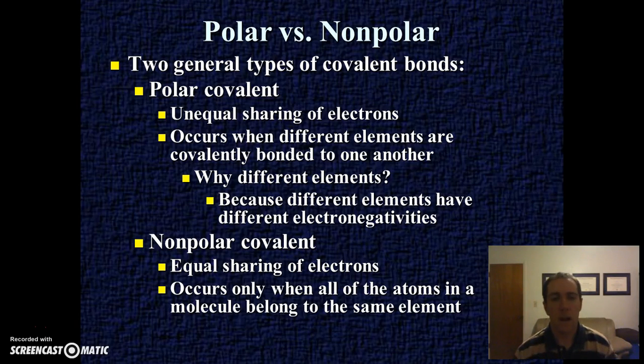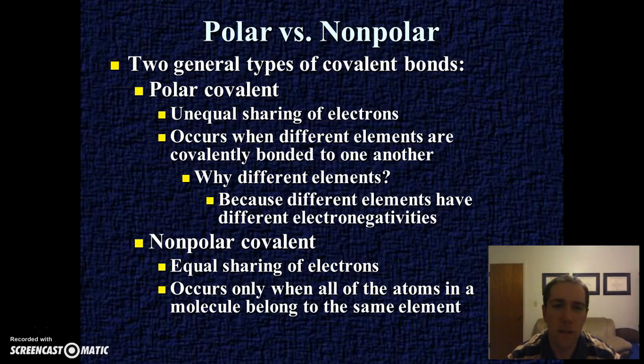Electronegativity is going to be on one of the slides coming up, so don't worry about that at this point. A nonpolar covalent bond is when we have equal sharing of the electrons. The electron is right in between them. It spends the same amount of time with either of them. And this only happens between atoms of the same element, with the one exception of carbon and hydrogen.